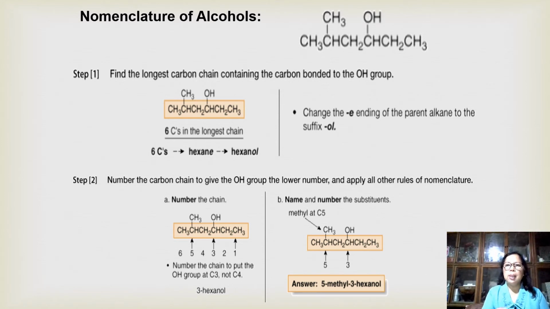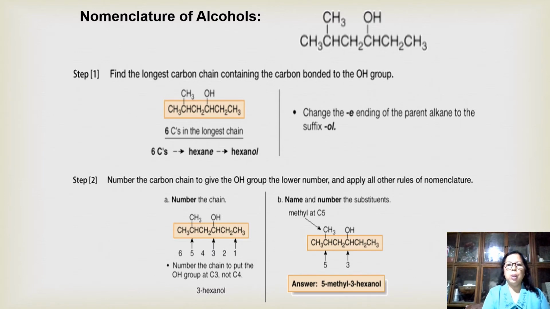It is not necessarily the longest carbon chain, but it is the longest chain wherein an OH is attached. So in this case, you have 1, 2, 3, 4, 5, 6 carbon.